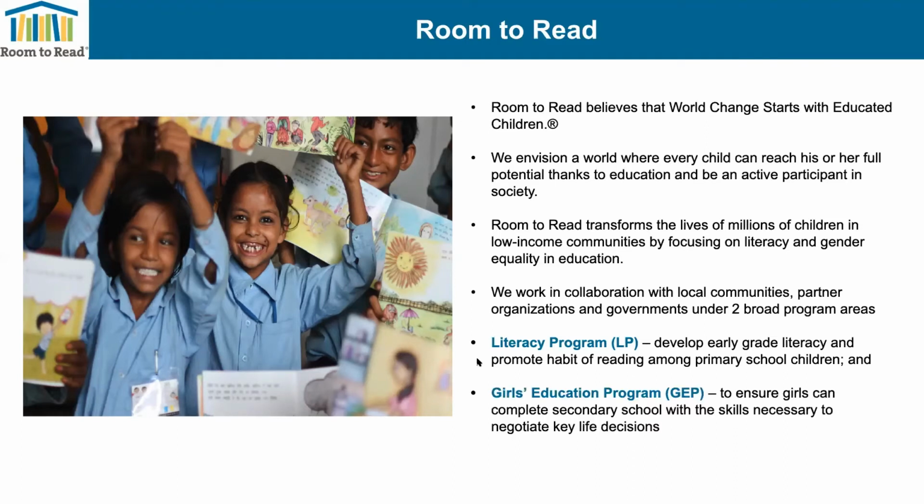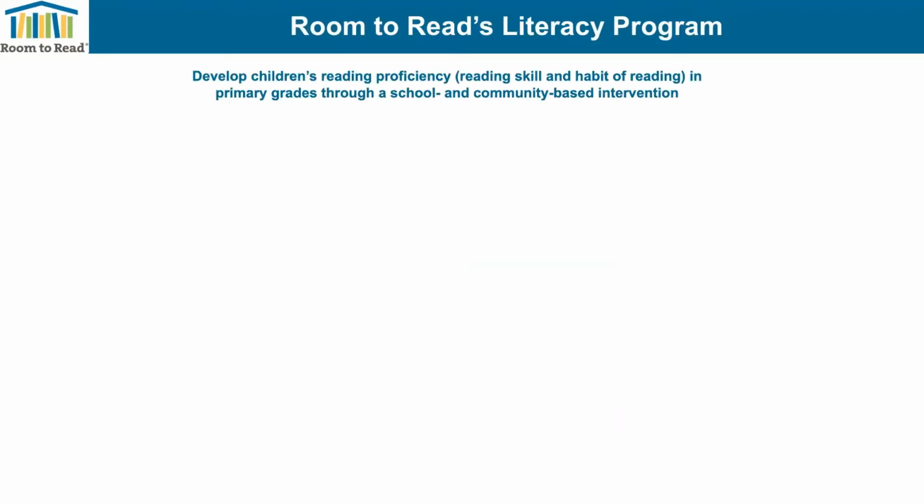The other is called the Girls' Education Program, which tries to ensure that girls can complete secondary level schooling equipped with necessary skills to navigate key decisions in life and realize their potential. So that's a very brief introduction about Room to Read, and if attendees are interested, they can go through the link that Amrik has kindly posted in the chat box to know more about Room to Read. I'll talk briefly about our literacy program also.